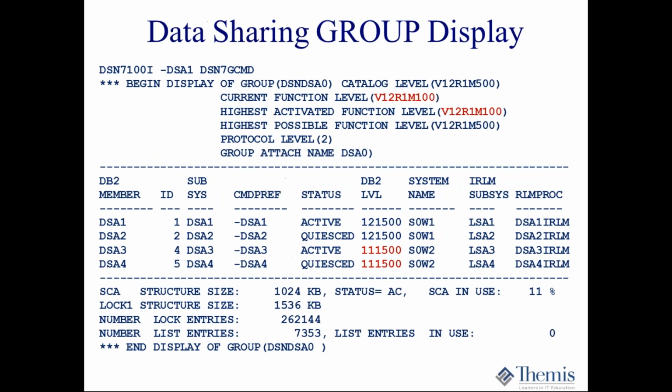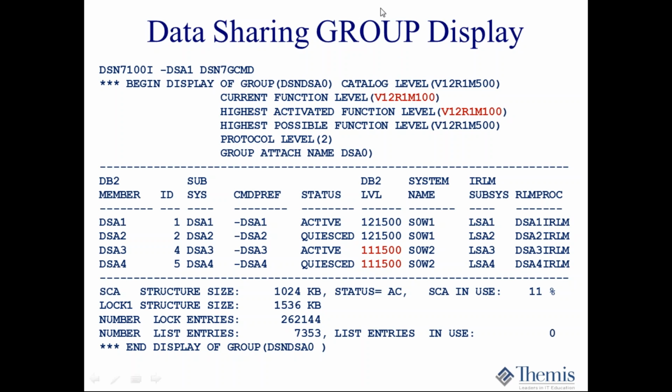Then we get to data sharing. When you display your group in a data sharing environment, it will tell you what the current functional level is. We're at version 12, modification 100. That's our code base. Okay?